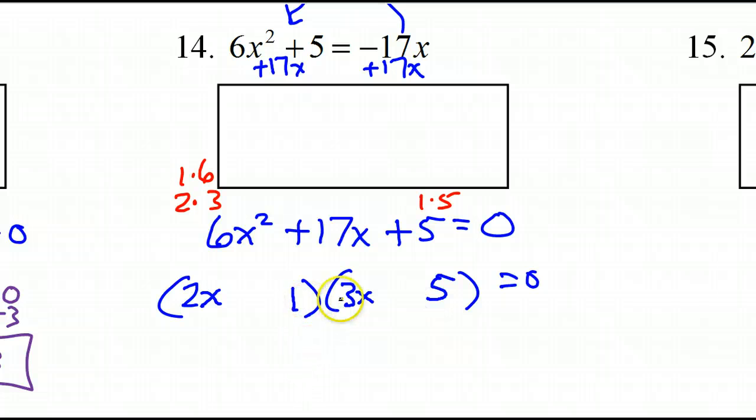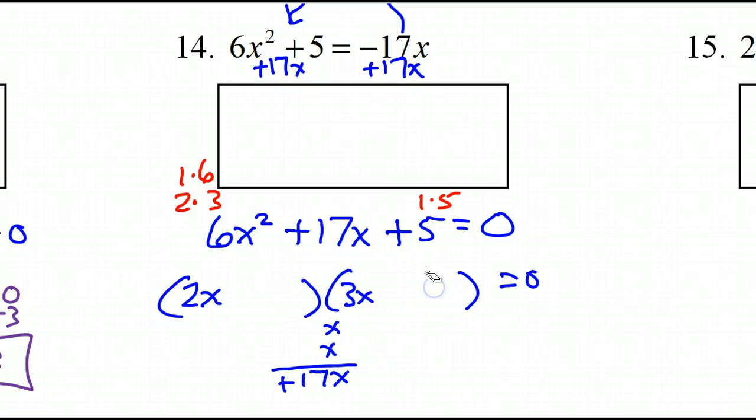If this doesn't work, I will try 5 and 1. Inner, I have 3x. Outer, I have 10. I'm trying to get positive 17. Is there any way to get 17 out of 10 and 3? Nah. Okay, that means this is not going to work in that order.